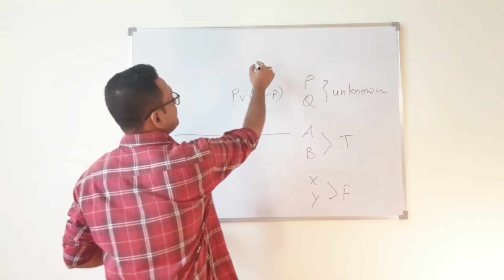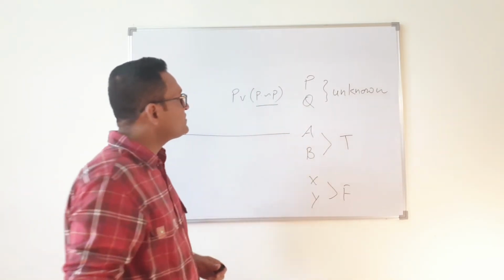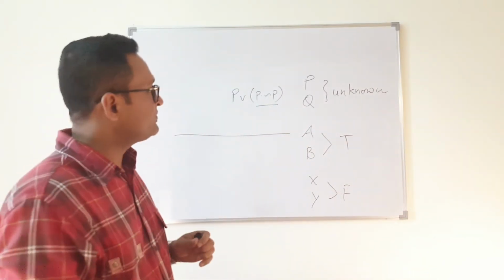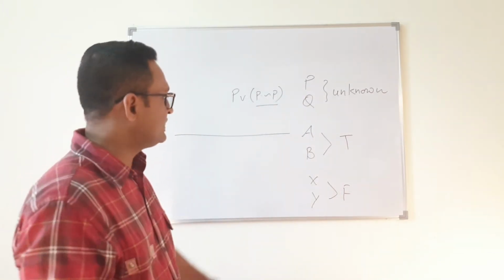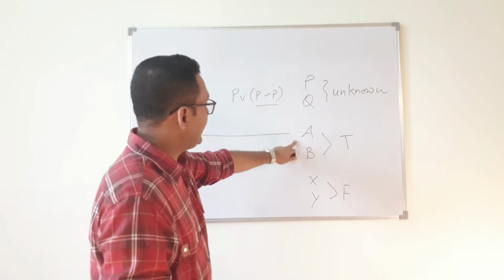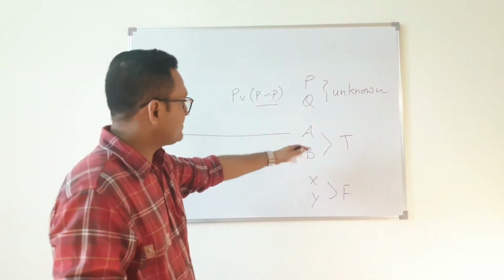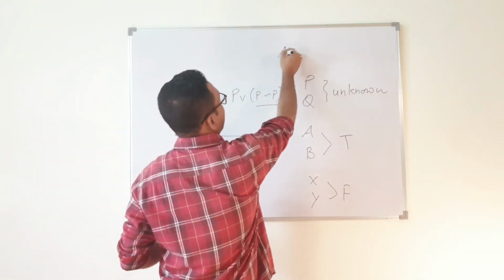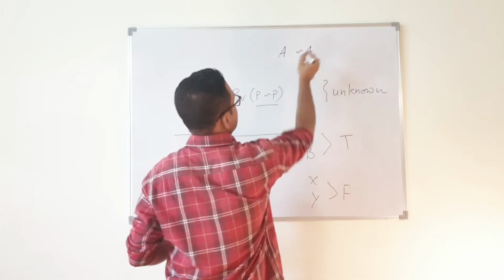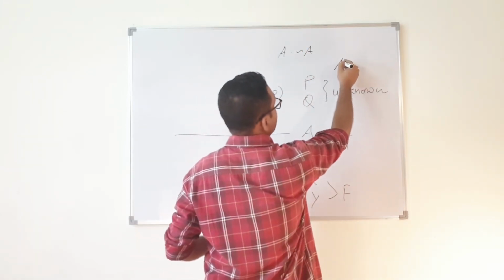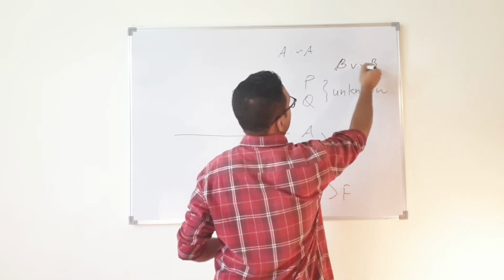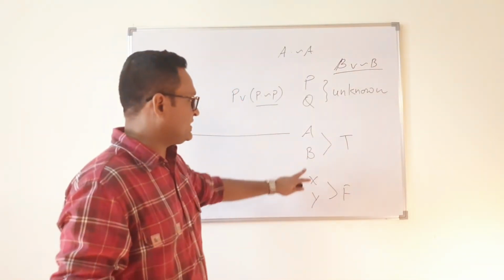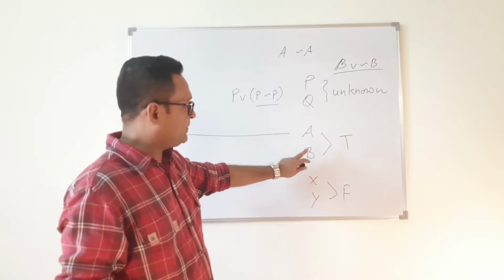Or suppose there is something like this value, so it will be a contradiction. Irrespective of the value of P or Q, if A wedge B, suppose something like A dot negation A has come, or B wedge negation B has come, this is always going to be a tautology, irrespective of whether the value of B is true.